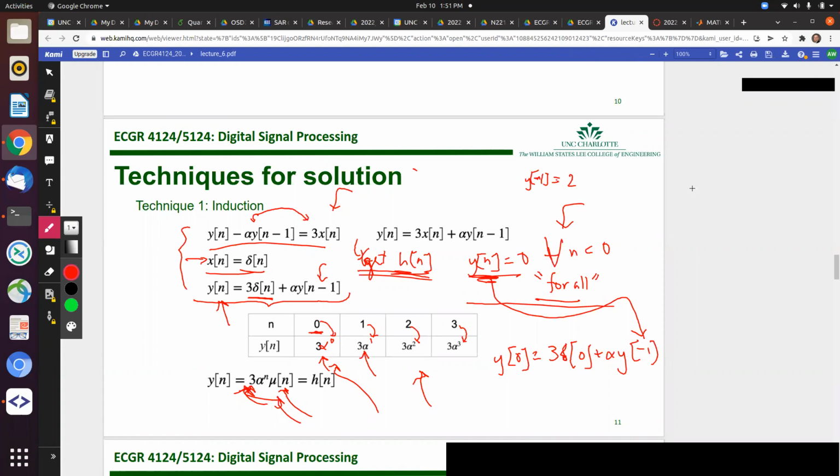It can no longer be called h of n. It's sort of something else. Does that make sense? h of n has a special meaning, and it's what you get when the system is at rest, and this is the at-rest condition mathematically. When it's already got non-zero values in it, then it's not at rest.